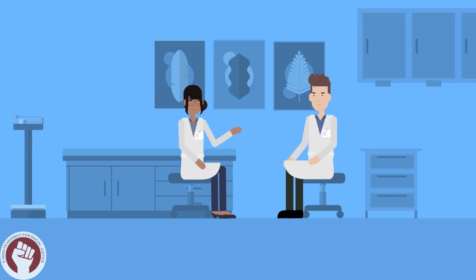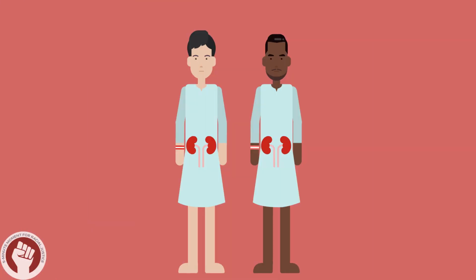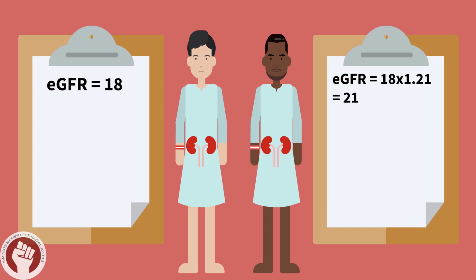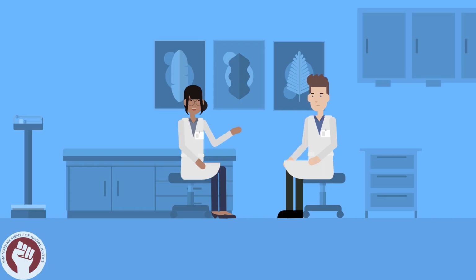That's right. Race-corrected EGFR is still used at many institutions, but has significant implications. Patients are referred to a nephrologist for kidney disease if their EGFR is less than 30, and may be referred for kidney transplant evaluation if their EGFR is less than 20. Using a race-corrected EGFR means you may not meet that cutoff if you're Black, and delays access to kidney care and transplants.